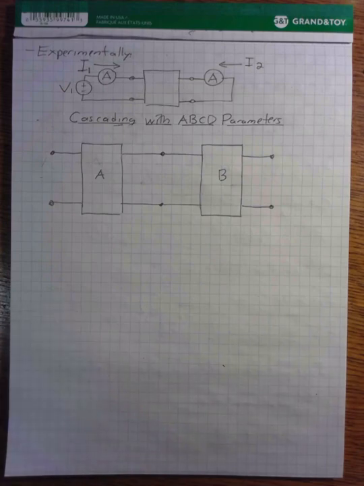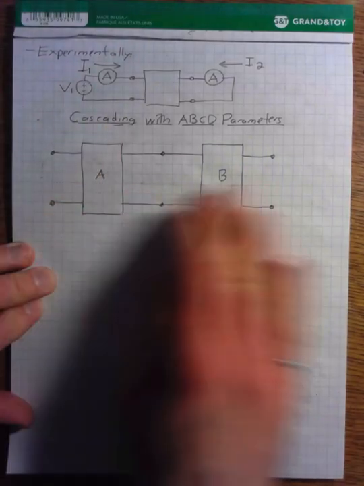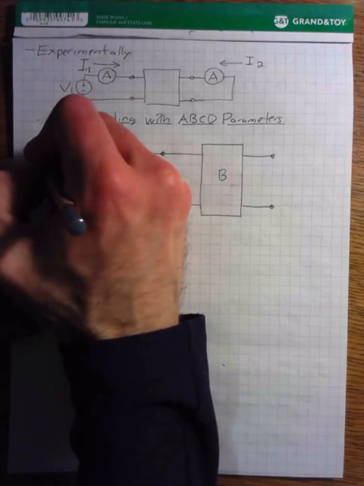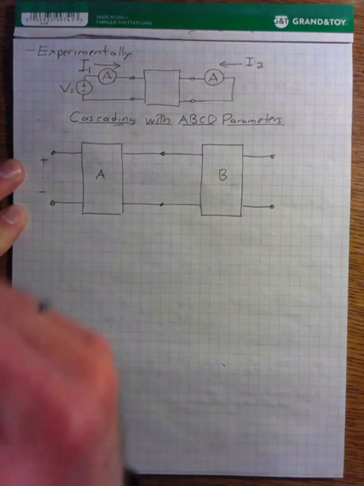And so I've shown two cascaded two-port systems here, and I'm going to just write on the voltages and currents. And just for now, I'm going to drop the phasor notation just because it'll make our diagram a little bit too busy. But understand that these voltages could be regular voltages or phasors.